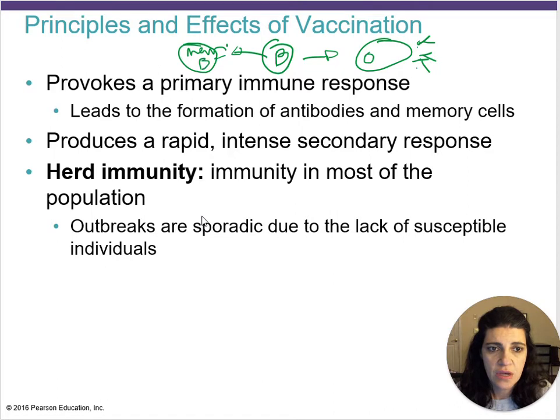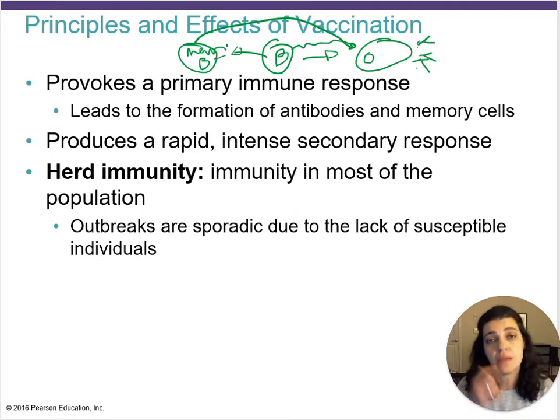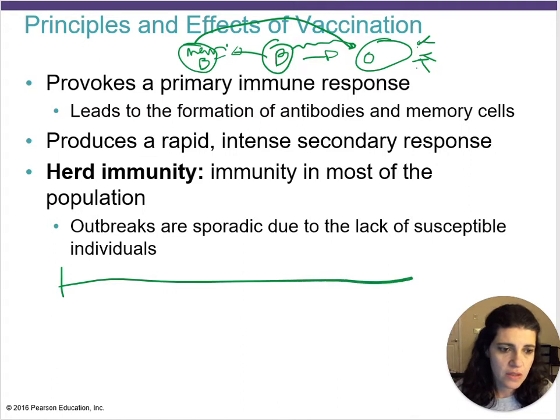These memory B cells are going to sit and wait for another exposure, so then you don't need to wait all this time to build a response. So the response from a memory B cell to a plasma cell is much quicker than making the response from scratch. Make sense?